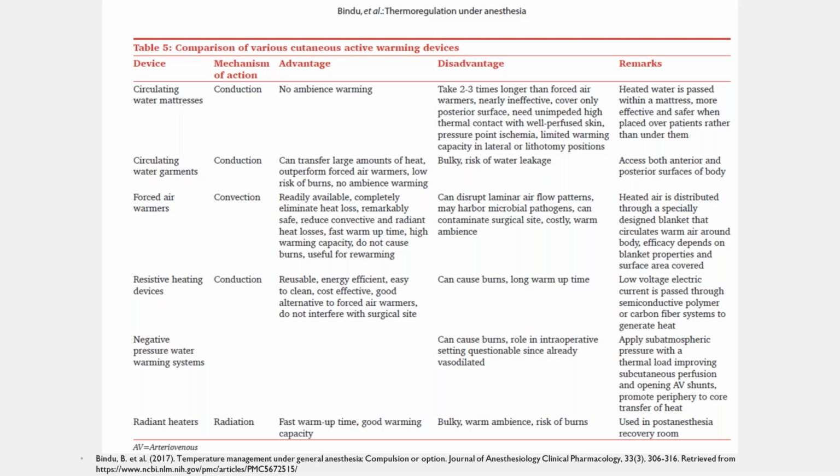This idea of a forced air warmer, essentially a Bair Hugger, et cetera, is where you have a mattress or an air-filled tube or just any sort of a blanket that has air flowing through it and over the patient to warm them up.